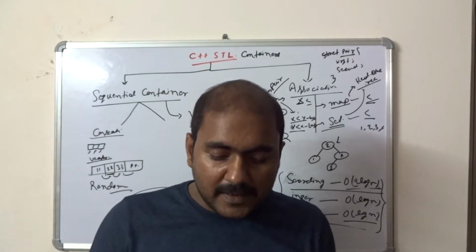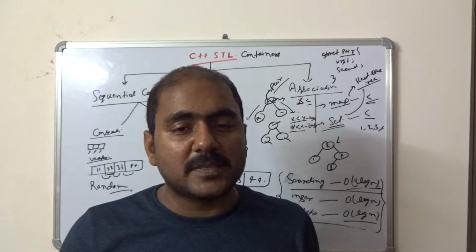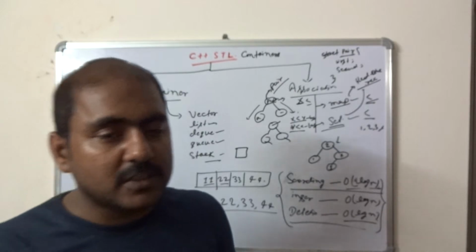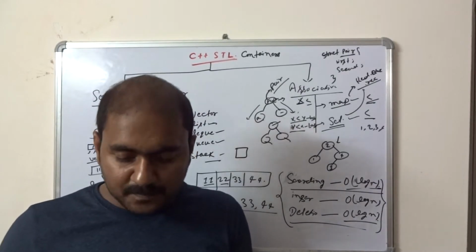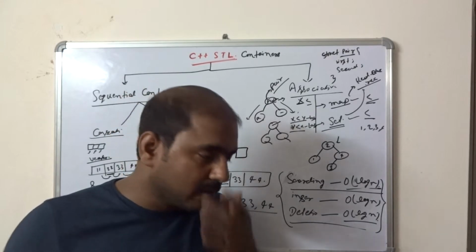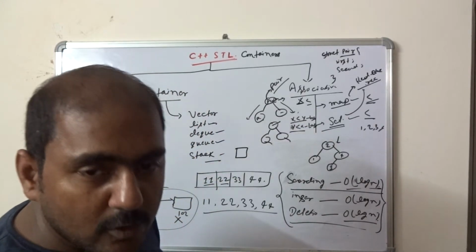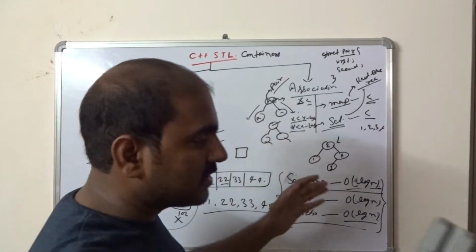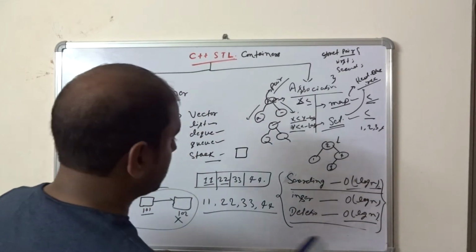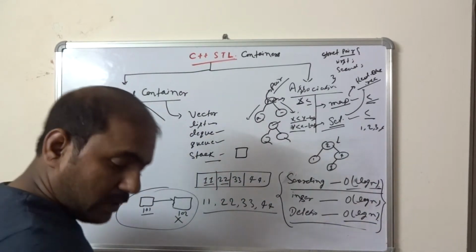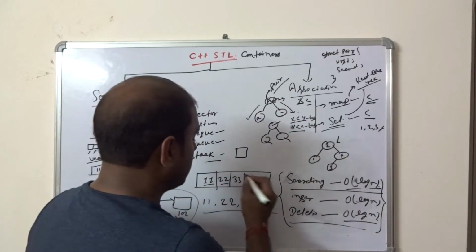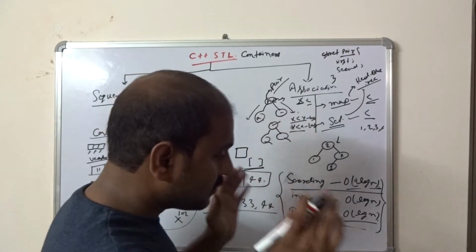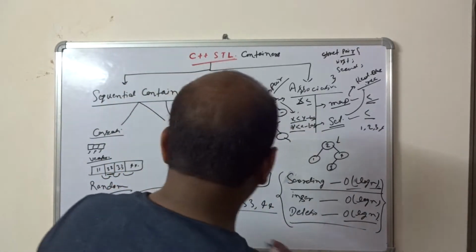So whenever the vector reaches its capacity, it creates a new memory location, copies all the existing elements, and then inserts the new element. We call this process relocation, and relocation is one of the costly operations, because you are creating new memory and copying all the existing data to it, then inserting. Vector does support random access, which is a popular thing nowadays, random access.